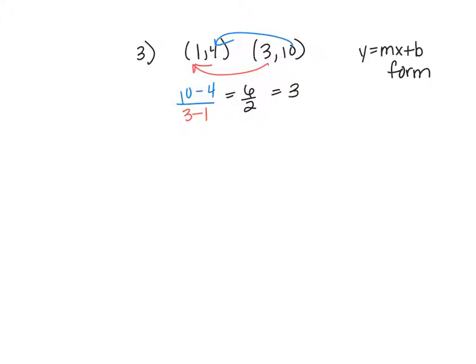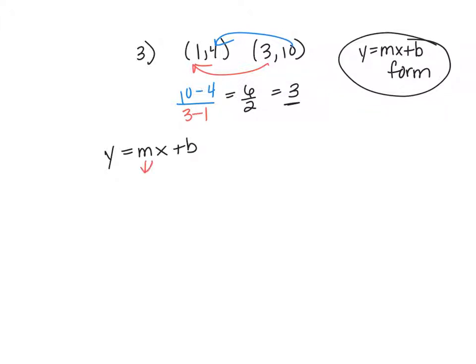So our slope was 3. So sometimes you can use this y equals mx plus b form of the equation, and you can get the y-intercept by plugging in your slope and plugging in one of the points. So let me show you what that looks like.